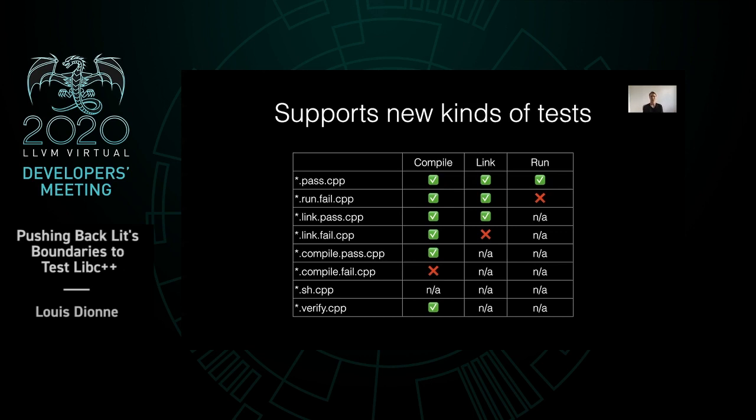So the shell.cpp, from our point of view, is just a no-op really, because it's just whatever commands are already in the file. So that's basically a true shell test. It's just a raw shell test where we don't have anything to run in addition to what's already in the file. So that's just a normal shell test. And then there's a verify.cpp, which we already saw before.